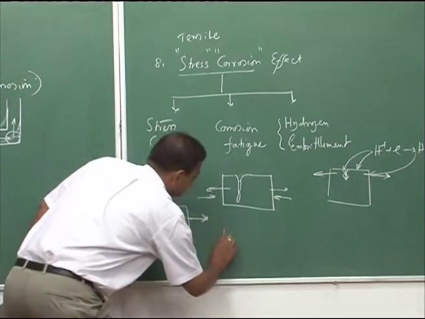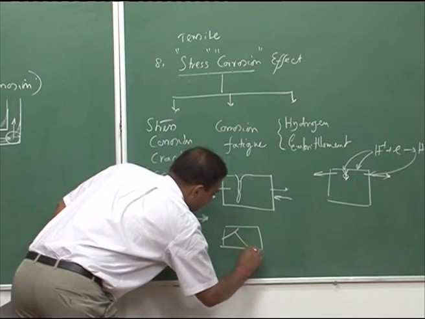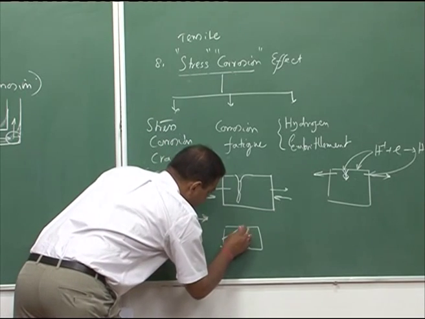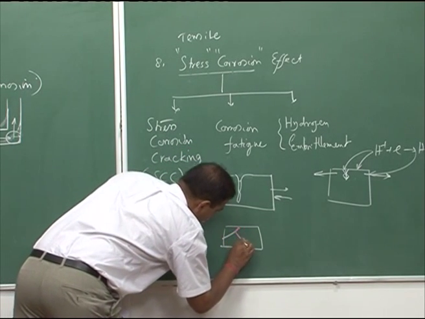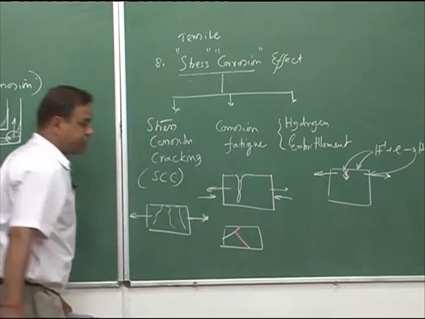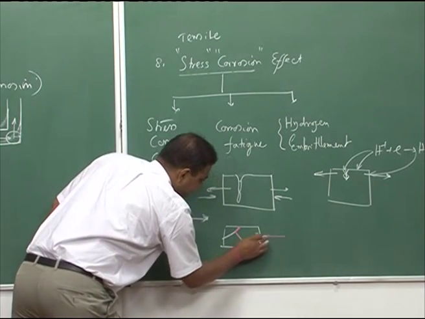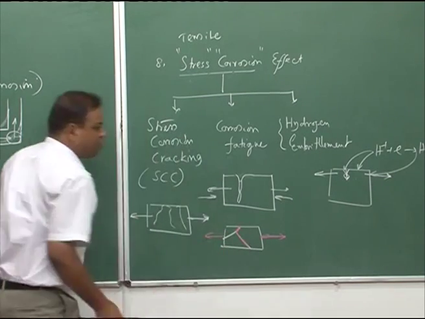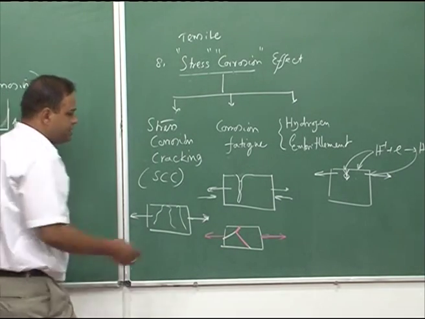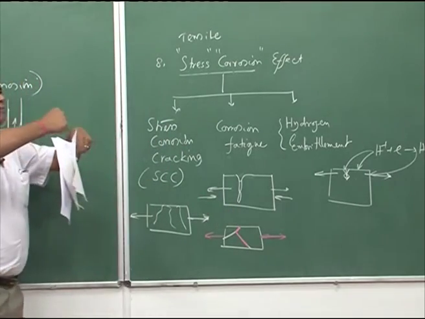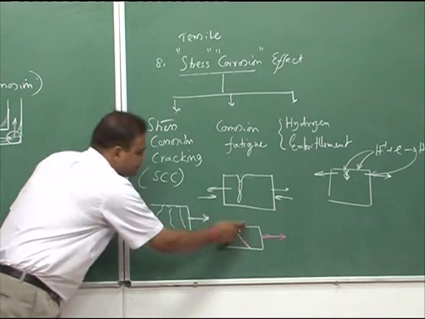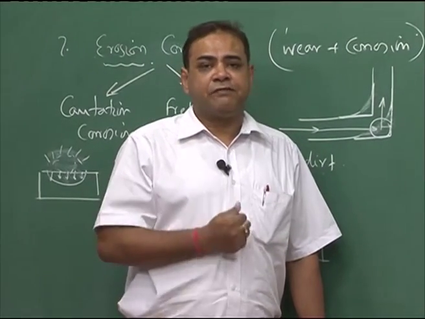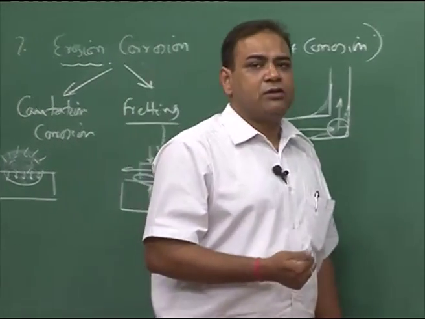Because in sensitized stainless steel, we have seen that the corrosion happens along the grain boundary as intergranular corrosion, and if it is under tensile load, this part is the weak part, there is no bonding. So, the metal object will be separated along these grain boundary regions, and we can have a fracture surface which is called an intergranular fracture surface.